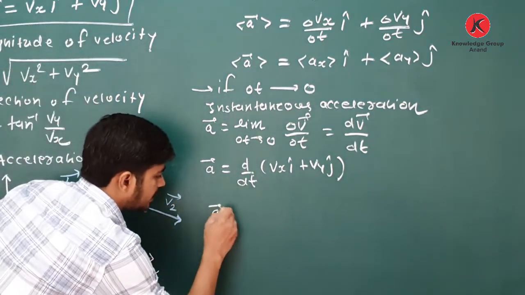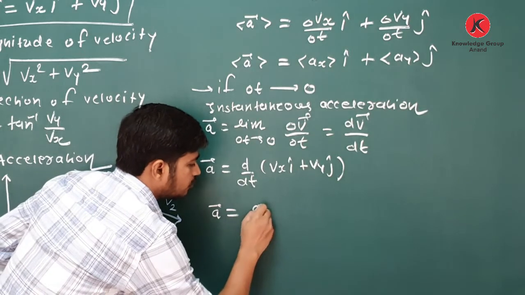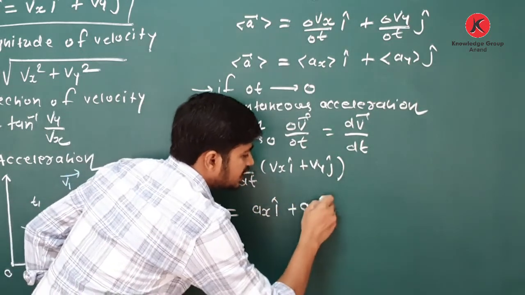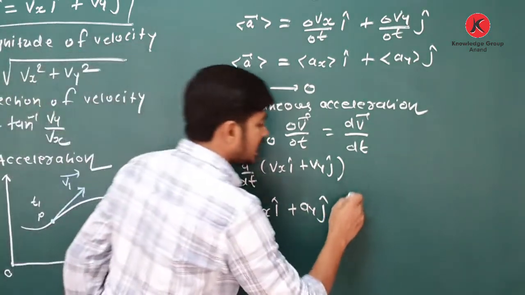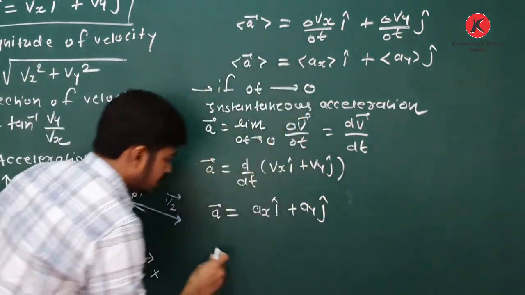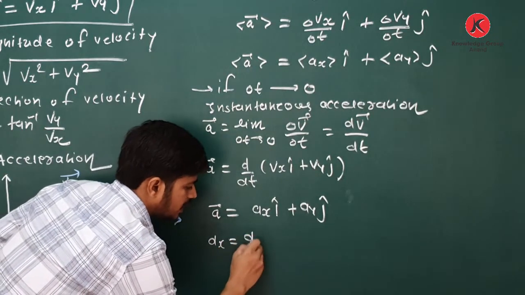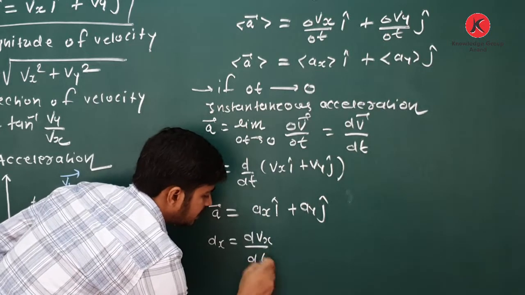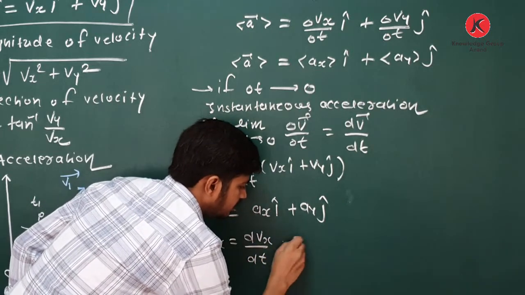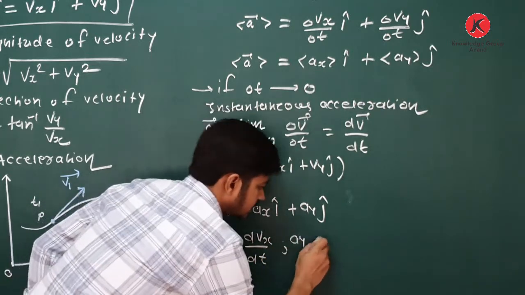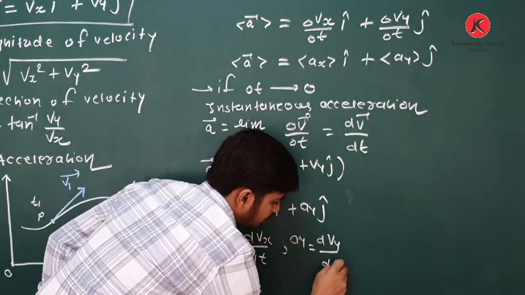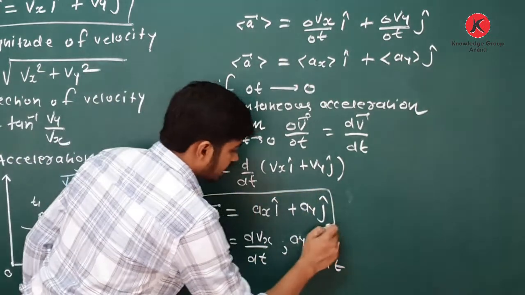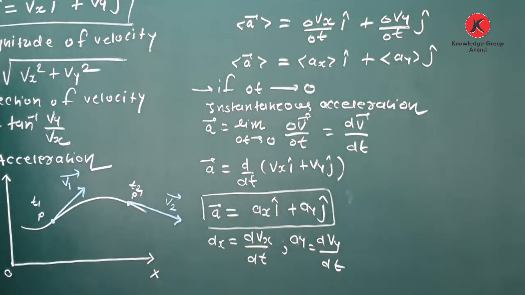So a is equal to ax i plus ay j, where ax is equal to d vx upon dt, and ay is equal to d vy upon dt. Clear about this?